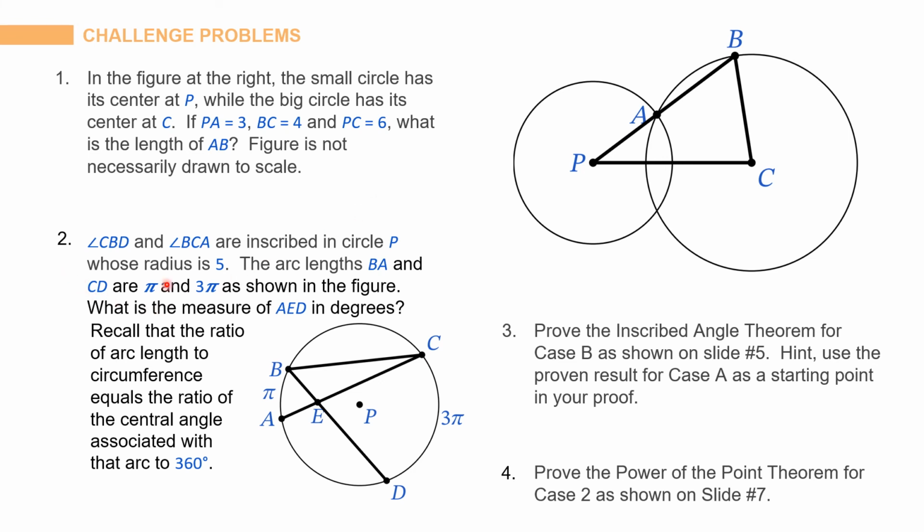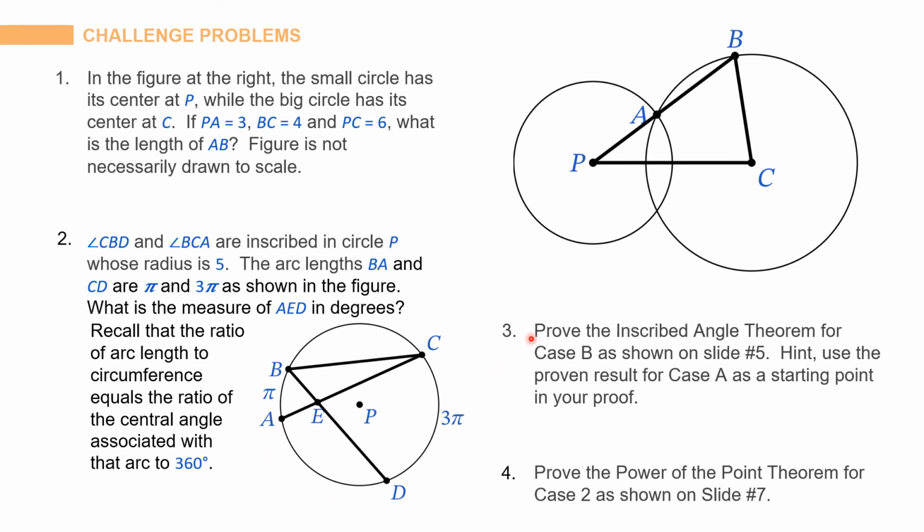Angle CBD and angle BCA are inscribed in circle P, whose radius is 5. The arc lengths BA is pi, and CD is 3 pi. What is the measure of AED in degrees? So what is the measure of angle AED in degrees?